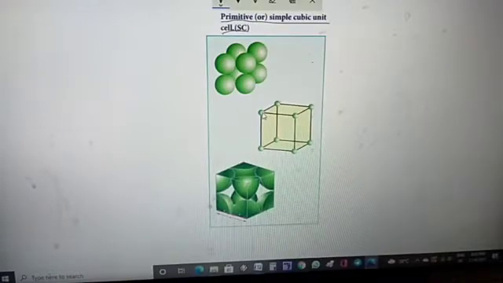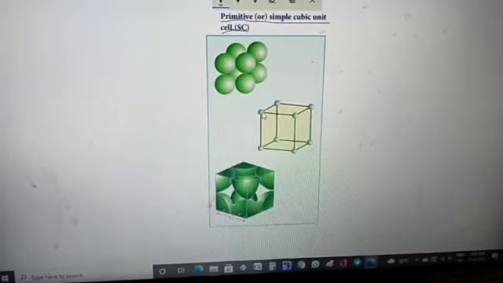Then for 1 unit cell, 1 by 8 of the atom belongs to that particular unit cell, whether it is an atom, a molecule or an ion. Only 1 by 8, not the total atom, belongs to that particular unit cell.